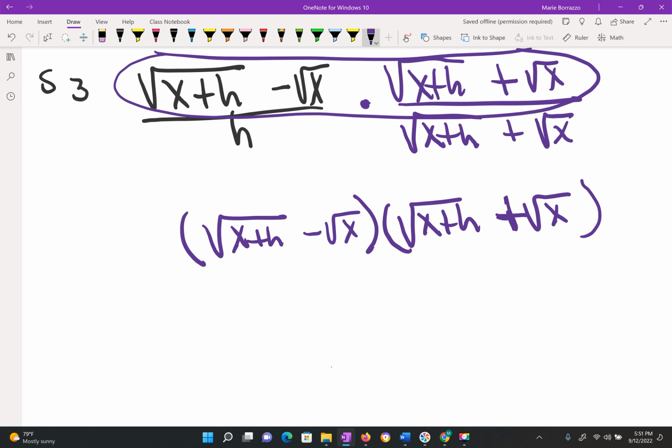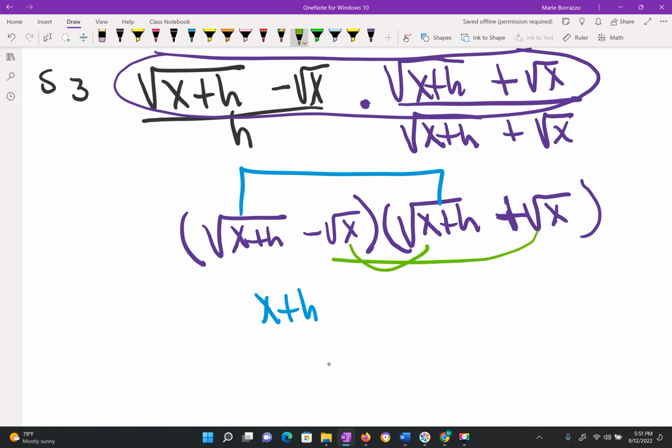All right, so if we do FOIL, remember first terms, this times this, is just going to leave us x plus h. We agree? Second terms, inner, outer, those two are going to cancel because they're the same thing multiplied against each other, right? So that cancels.